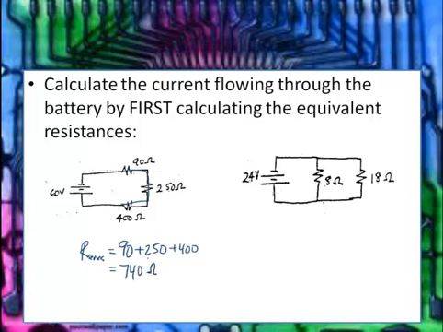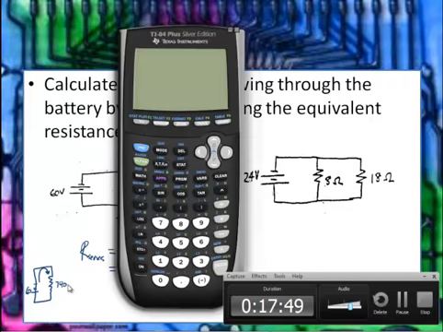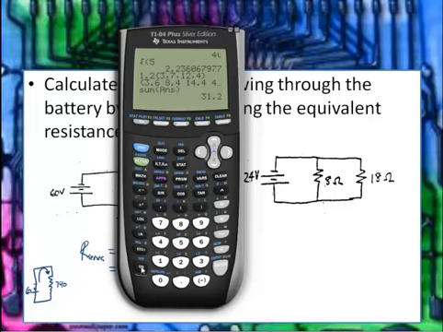And so this circuit, as complex as it looks, could be simplified and written like this. I've got 60 volts, and on this side I've got 740 ohms. The current that runs through this can be found using Ohm's law. It would be 60 divided by 740, or roughly 0.8 amps.